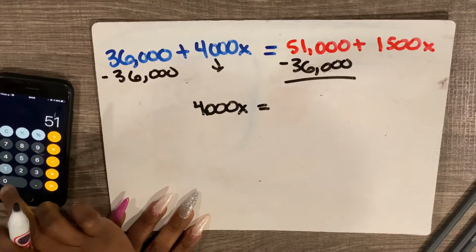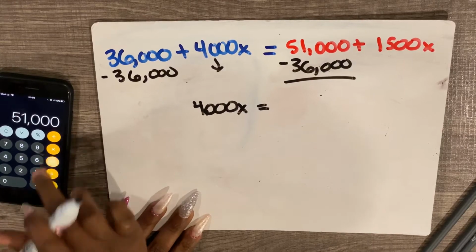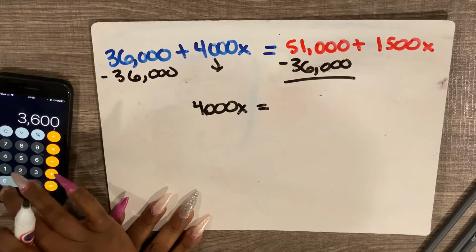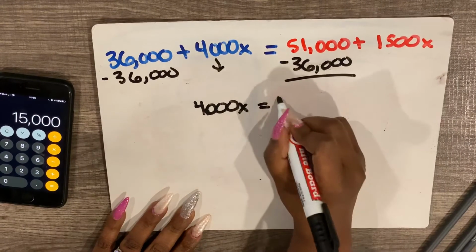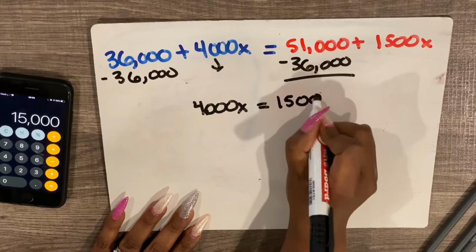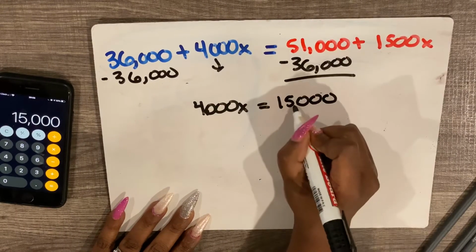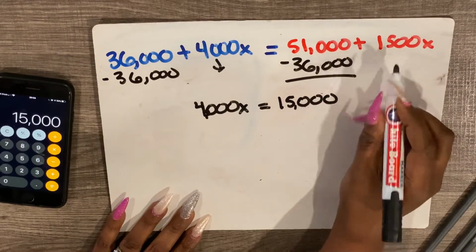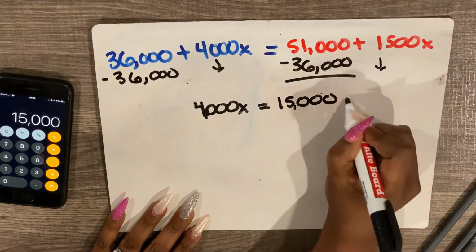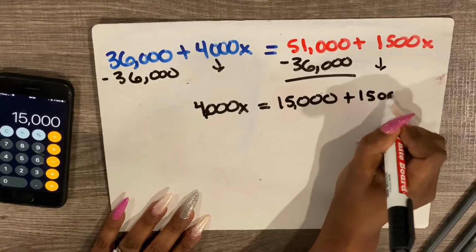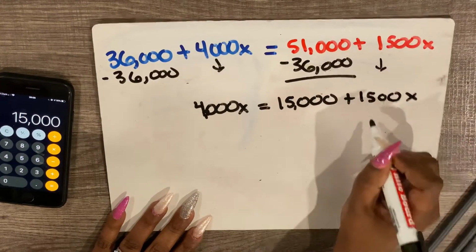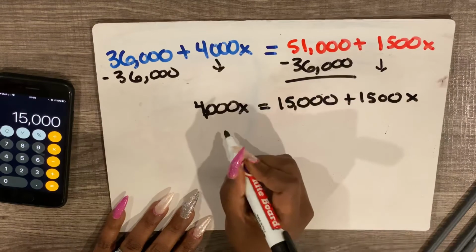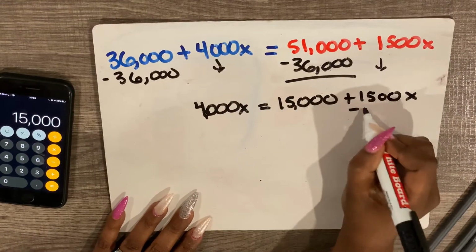So if I do 51,000 minus 36,000, I'm going to get 15,000. Okay? Then I bring down this because I did not use that either. I need to get my x variables on the same side.